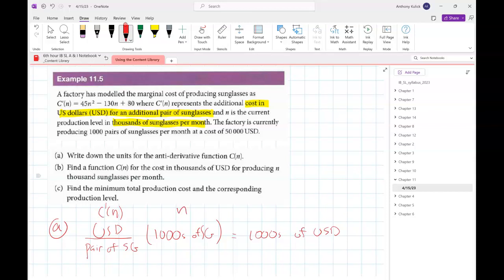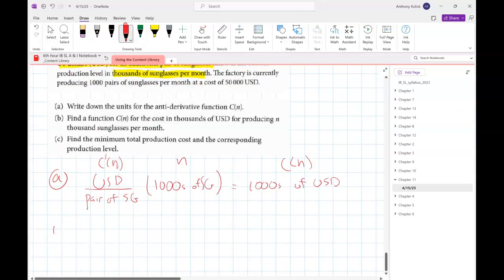So I just took the unit for my derivative and multiplied it by the unit for n. The result gives me my unit for c of n. Everybody's okay with that? It's that area under the curve idea, right? If I just take the y and the x and multiply them together, it should give me the unit for the antiderivative.